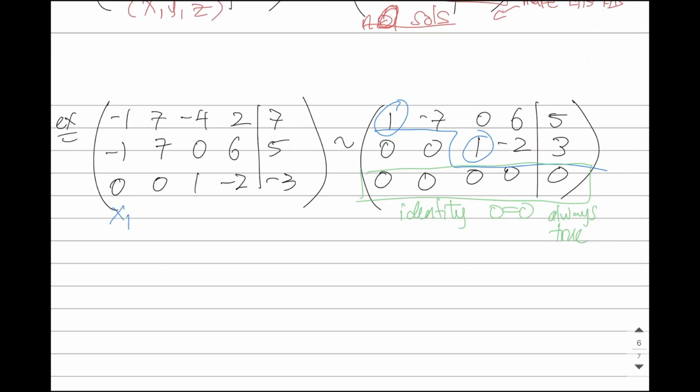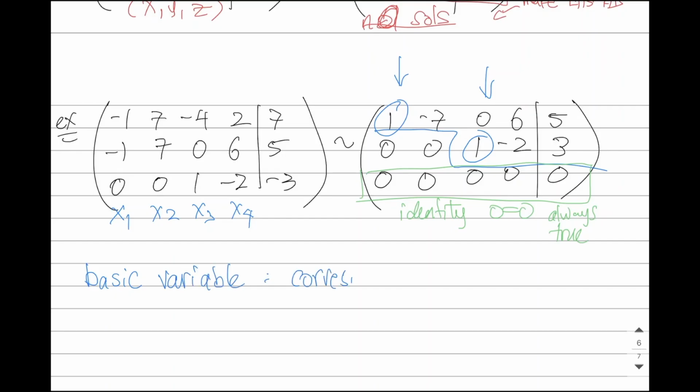Now, the variables in our problem are x1, x2, x3, and x4. We have pivots only in 2 of those columns. We have an x1 pivot and an x3 pivot. There are no pivots for x2 and x4. If we have a pivot in one of the columns, we are going to call that a basic variable.